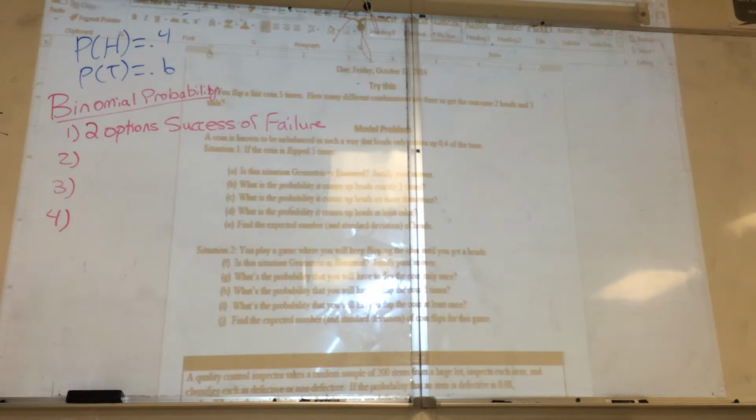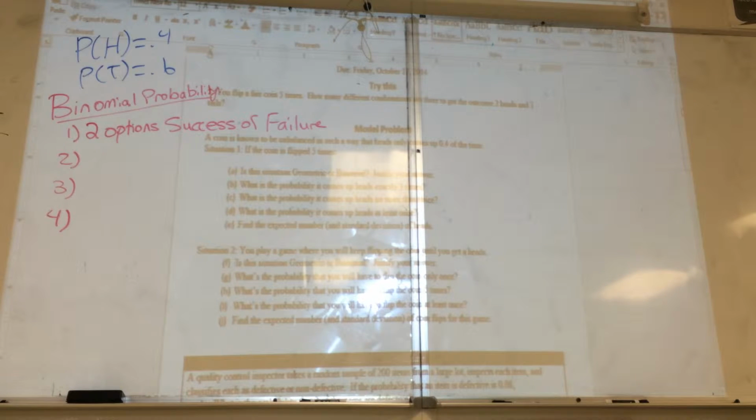So, heads or tails? Rolling an odd number on a dice or an even number. There are only 2 options. If I get a 1, yes, I rolled an odd number. If I get a 2, I failed. If I rolled a 3, I'm good. If I rolled a 4, I'm bad. If I rolled a 5, good. 6, bad. Every outcome needs to either be a success or a failure.